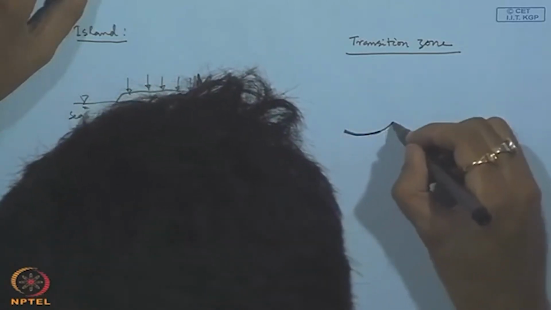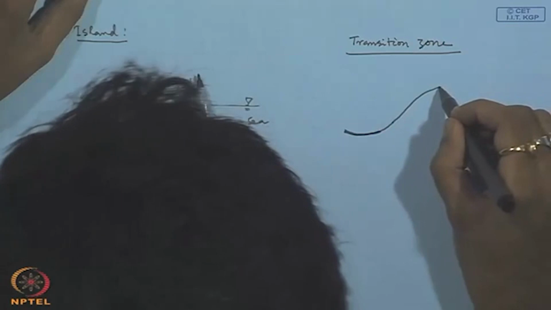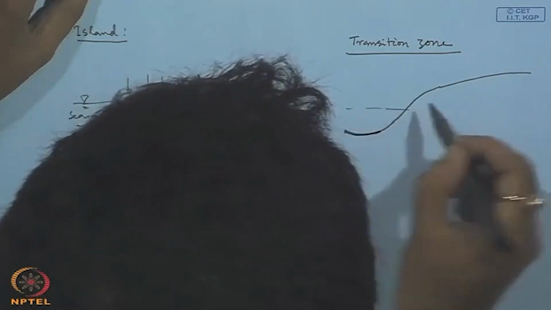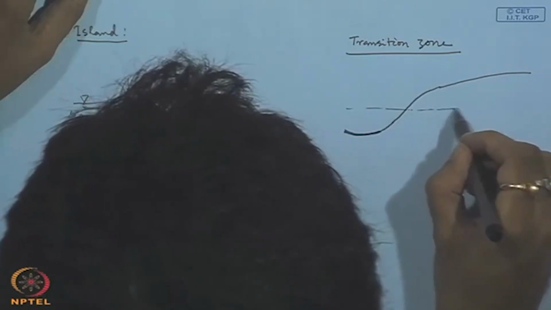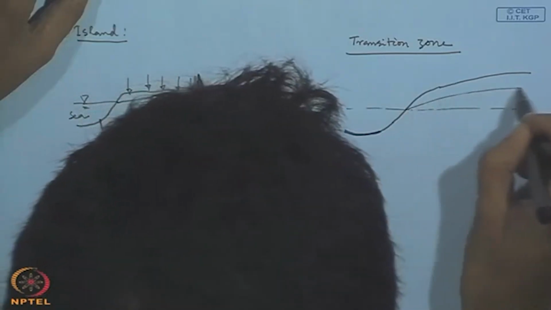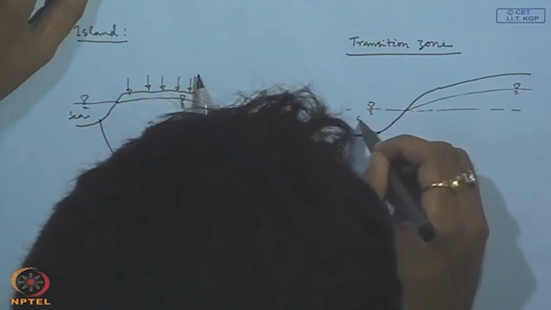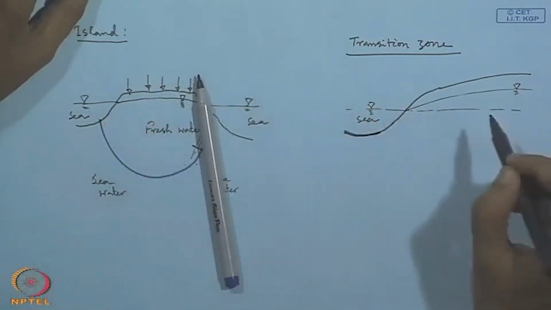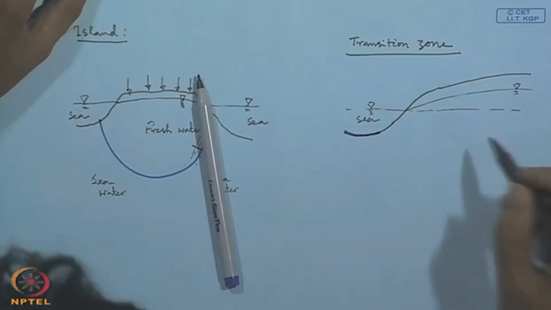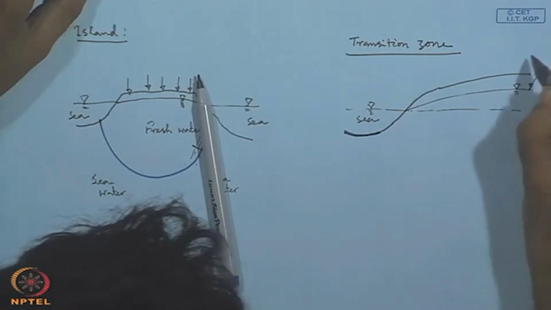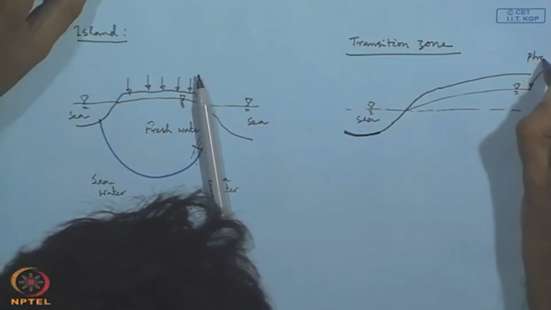So, like previous figure, we will draw the same. So, this is our sea region and this is our phreatic surface.